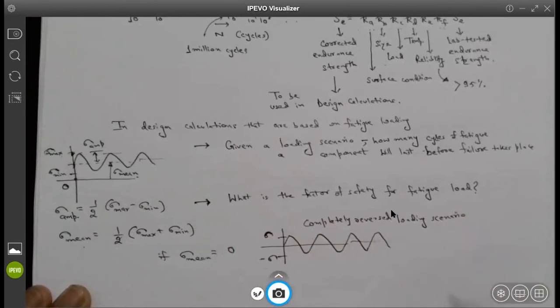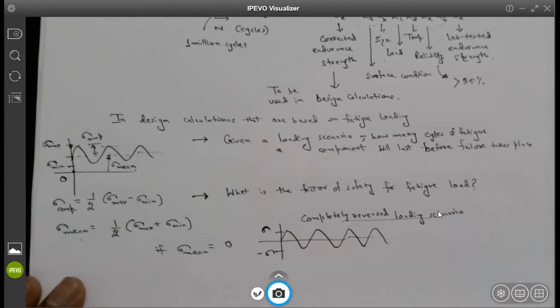In this situation, there is an empirical relationship to calculate the number of cycles of fatigue to failure.